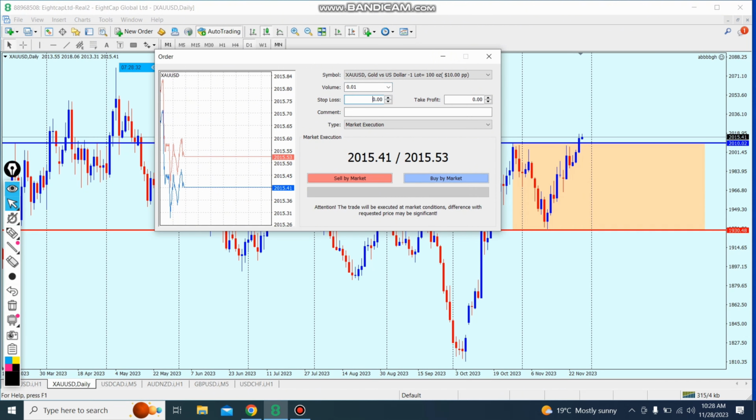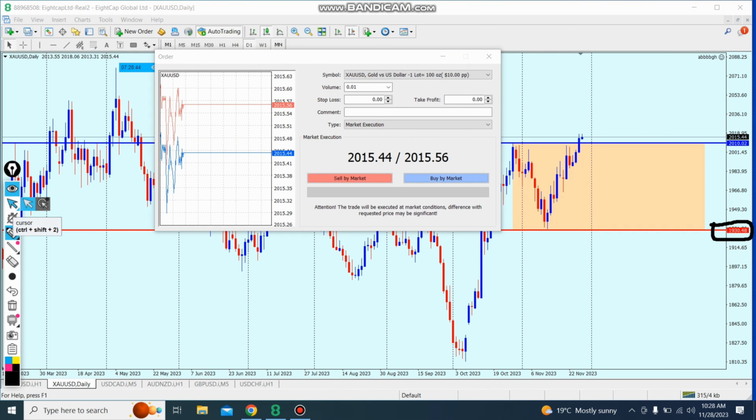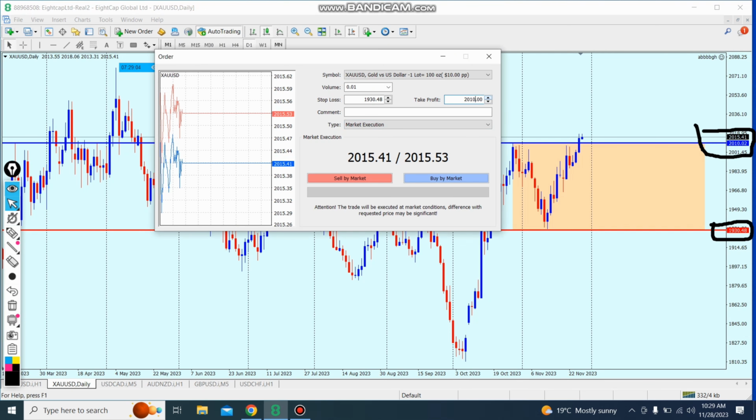Our stop loss point is 1930.48, so let me put it in: 1930.48, and our take profit is 2010.02. So this is our take profit, 2010.02, and this is our position size, and we will talk about it in detail shortly.